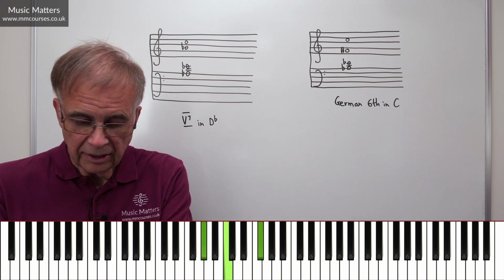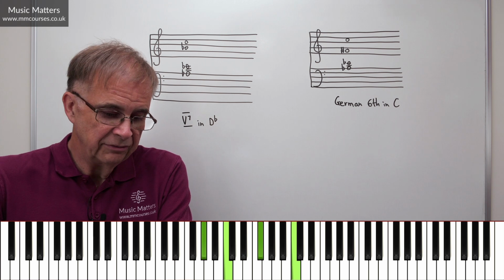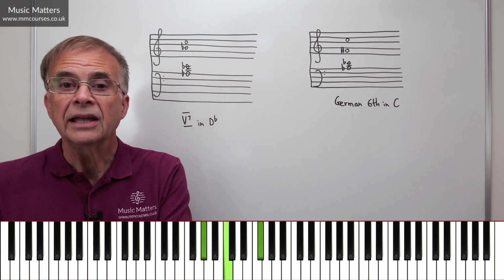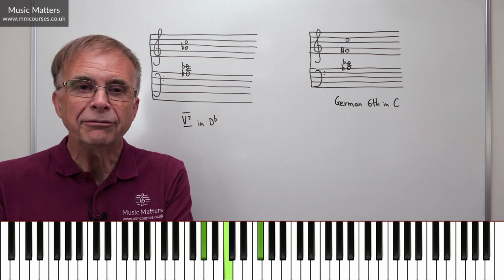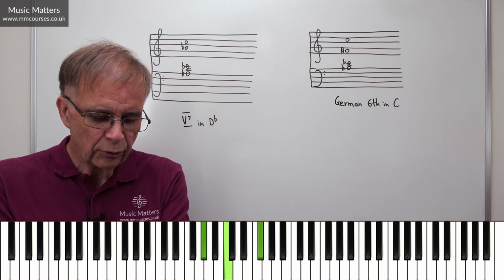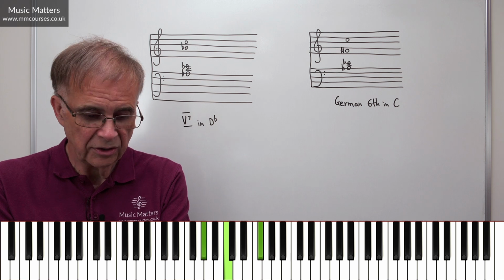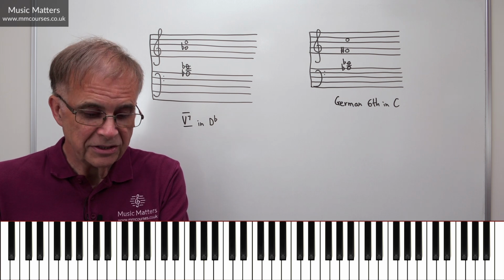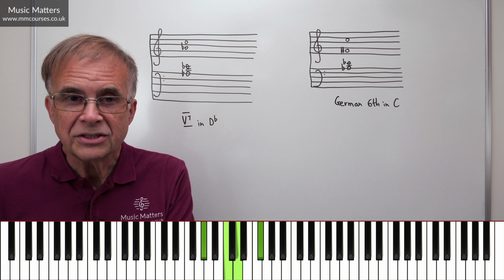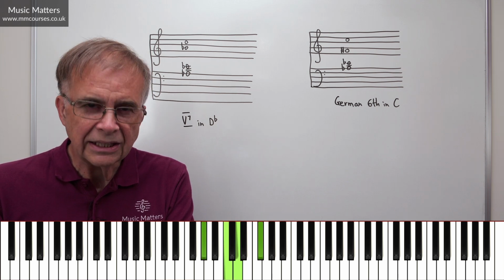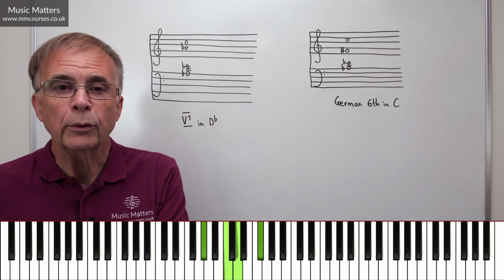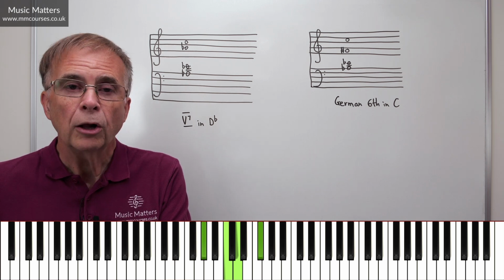Now, if I double up that C somewhere, or even if I just leave it like this, that's also known as the Italian sixth. If I add an augmented fourth above the bottom note, so the bottom note is A flat, an augmented fourth above that is D. So if I put a D into that chord, so A flat, C, D, F sharp, that's now a French sixth.